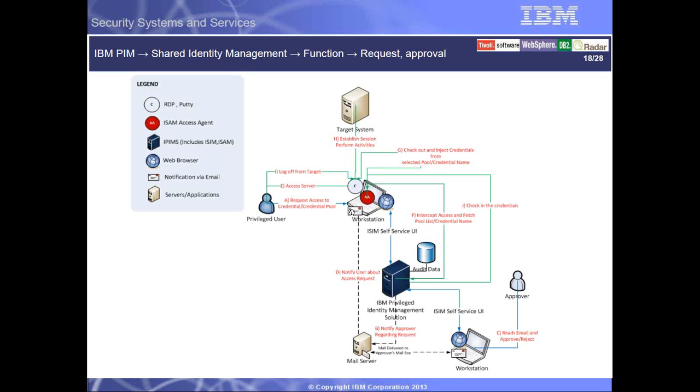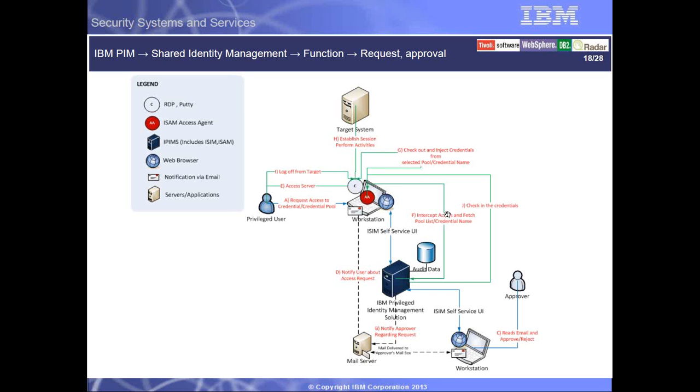Once the user gets a notification, he's going to go to that server using RDP or a PuTTY. So he opens that session and types in the target server name. The moment he does that and hits connect, the access agent is going to intercept it.